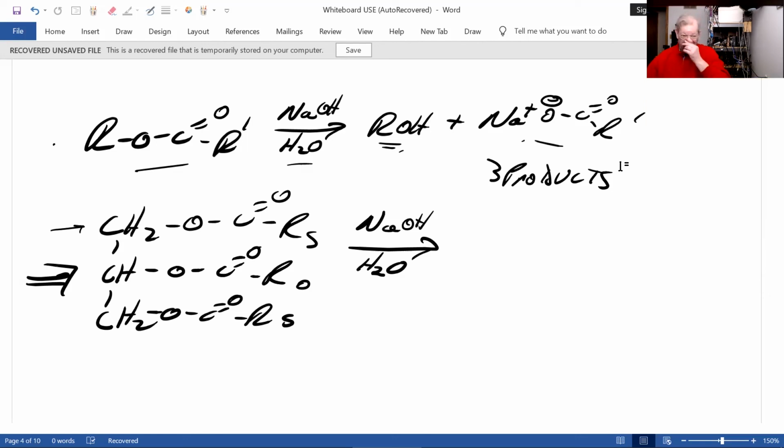And if I look at the first ester here, what do I get? This alcohol. And notice here, I get stearic acid. Next ester, I'll get this alcohol.